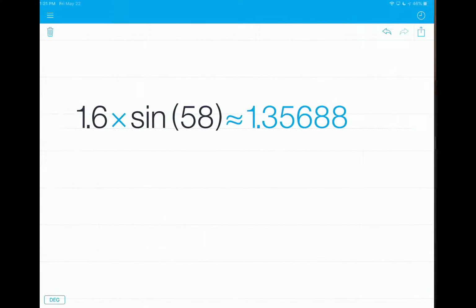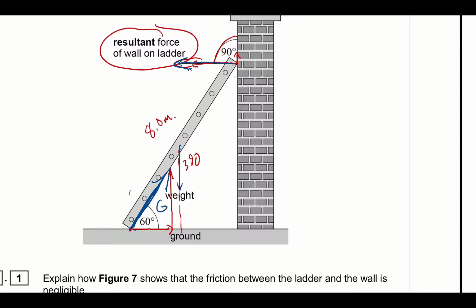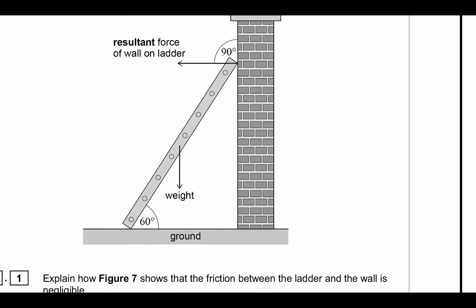I'm going to erase my pen markings just so that we know exactly what we're talking about here. So 390 newtons down. This is 8.0 meters long. That means that this is 4 meters.